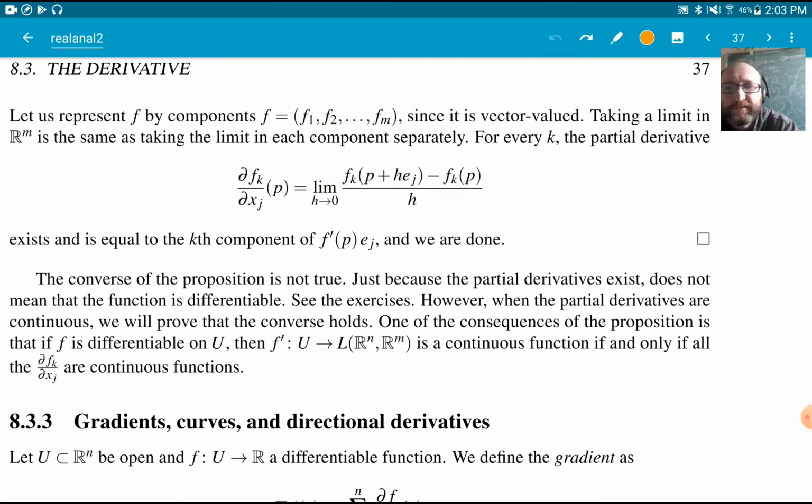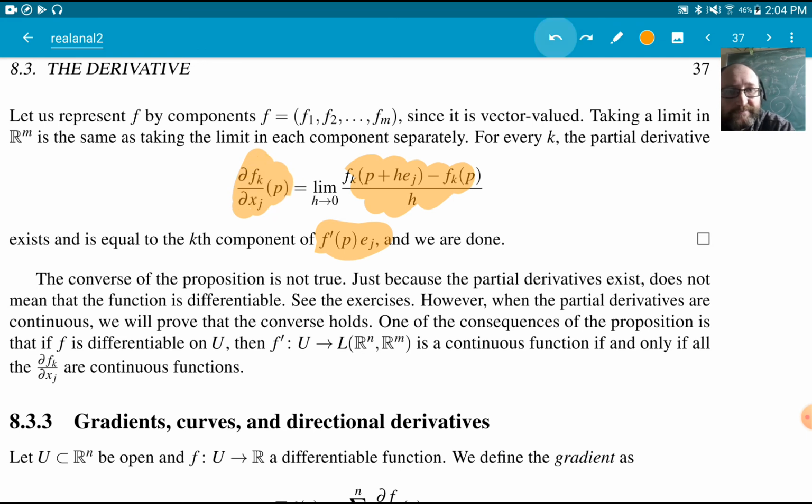Now we've just proved that the limit of the difference quotient for f, not f_k, was this guy over here. So this is the kth component of that. So the kth component of f prime of p applied to e_j is this guy.